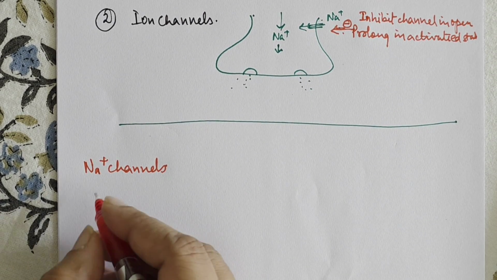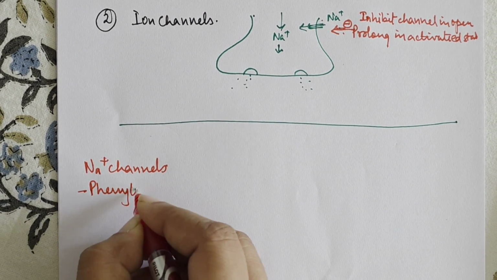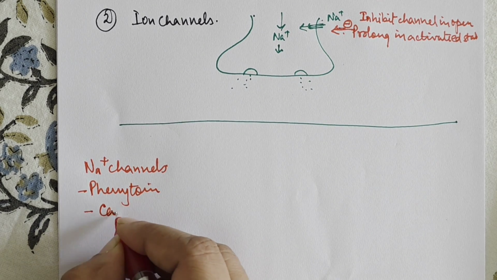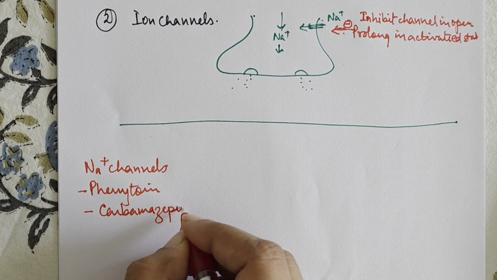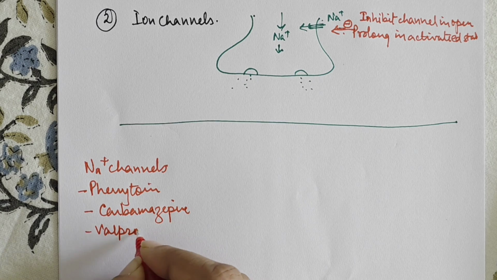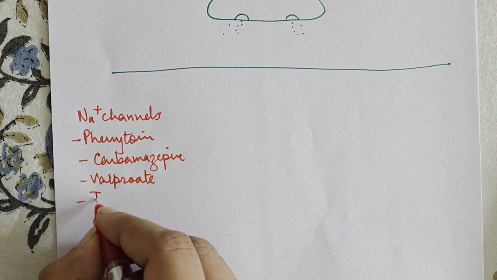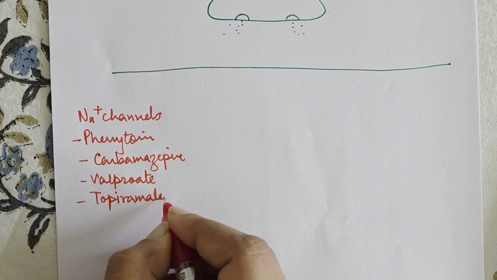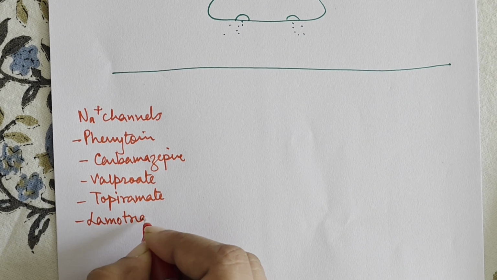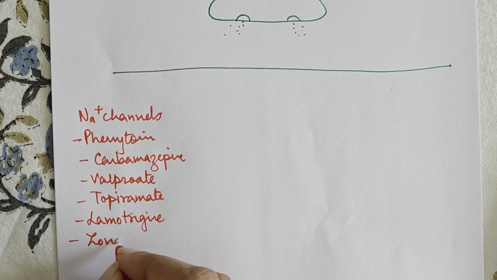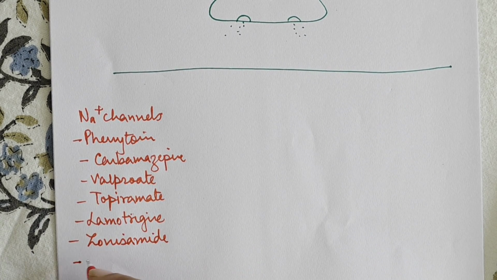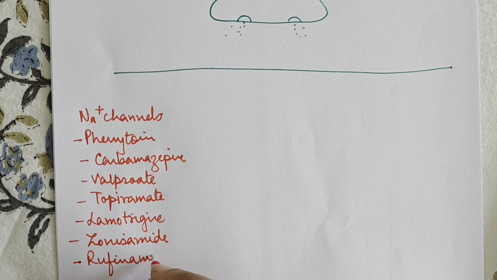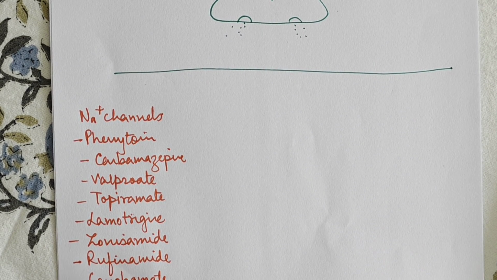So the drugs which inhibit the sodium channels are phenytoin, carbamazepine, valproate, which is already there, then topiramate, lamotrigine, zonisamide, rufinamide, cenobamate and lacosamide.